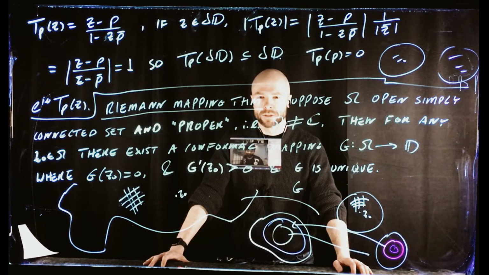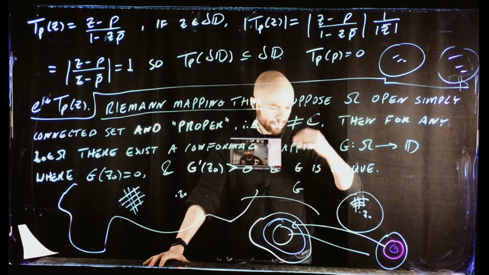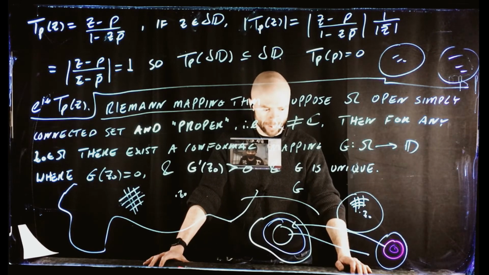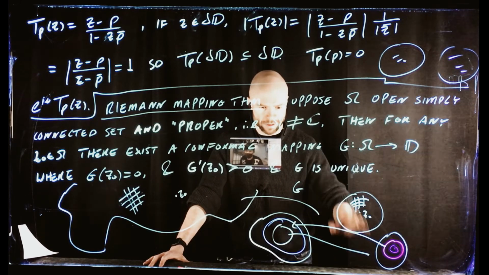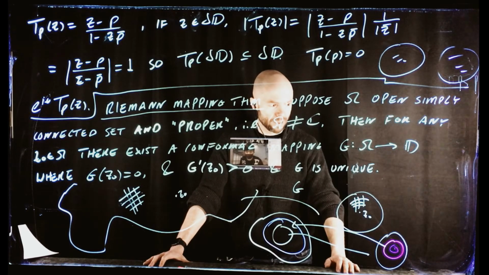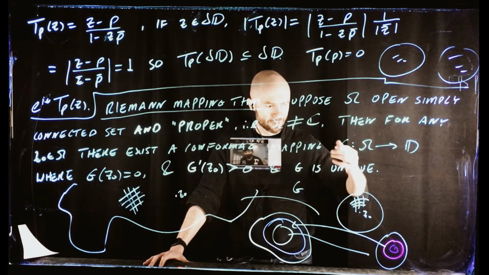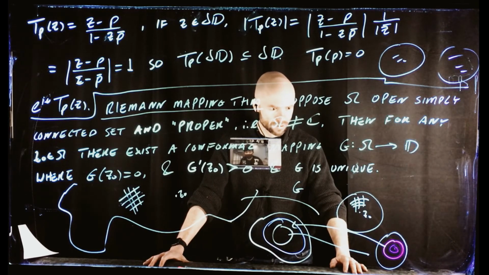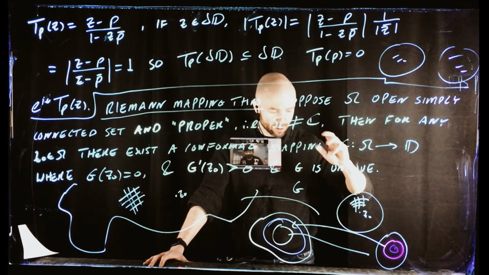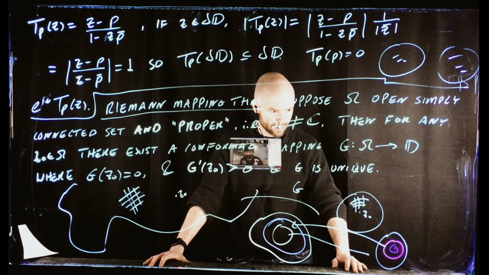Let me get back to you on that. I don't want to state something I'm not sure about, but let me talk about the extensions on Monday. But yeah, there are extensions of these theorems. The most famous extension is actually the uniformization theorem for Riemann surfaces, that says that any Riemann surface is conformally equivalent to three things: either the punctured complex plane or the disk.